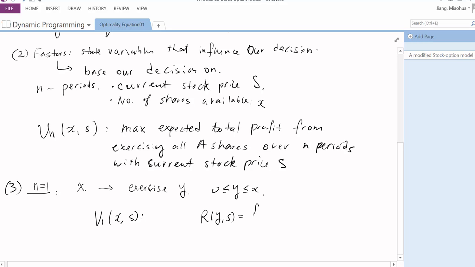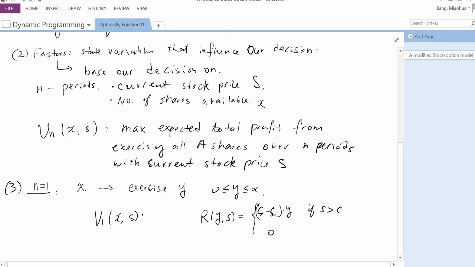It is going to be the following: if S is greater than the price C at which we have the right to purchase the stock, and let's say this C is per share, then we have S minus C for each share, multiplied by y.